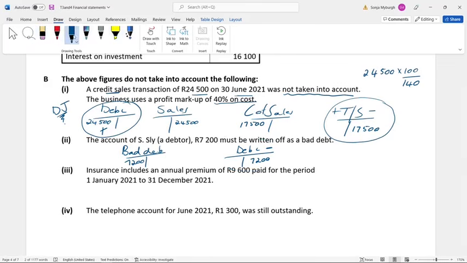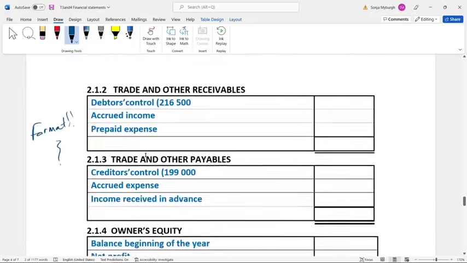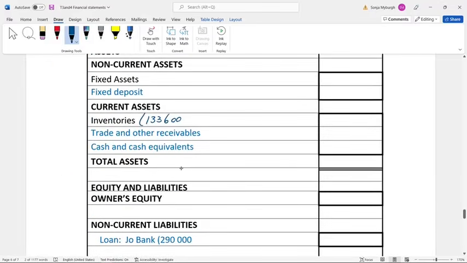So let's show that on the notes. Trading stock, inventories, we sold, so minus the 17,500, which is the cost price.